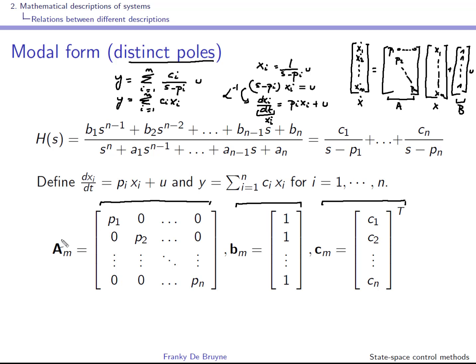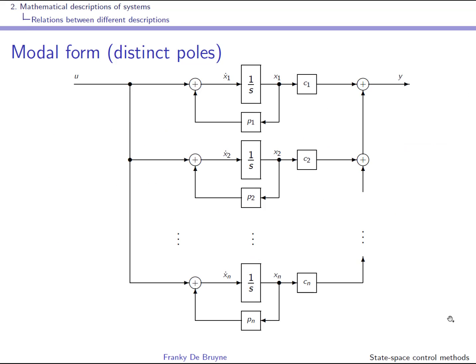The A is a matrix. Since the system here is a single input, single output system, B and C are vectors. Okay, so this is why I use lowercase letters here. So this is the implementation that you have in the case of distinct poles when you use this modal form.